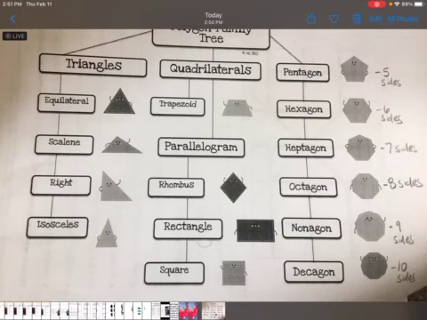Anyways, you are going to use this chart because today you are going to be drawing 3 different polygons, any polygons you choose, and you are then going to be labeling them with the number of sets of perpendicular and parallel lines. So let me show you an example of how to do that.